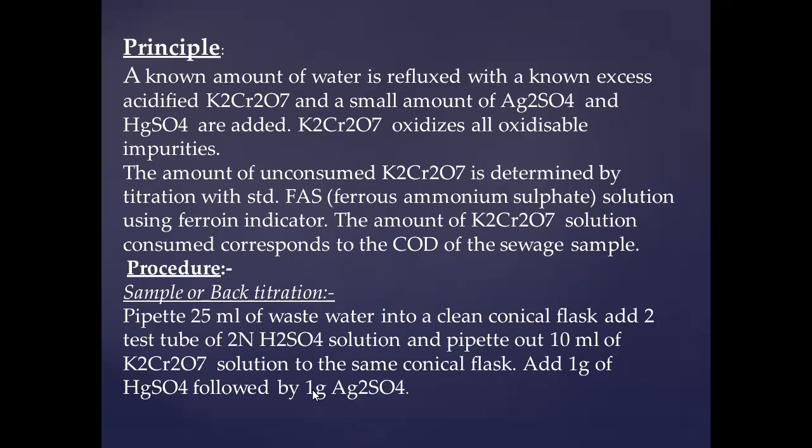In the sample titration, we take 25 ml of wastewater into a clean conical flask. To that, we add 2 test tubes of 2N H2SO4 solution, and then pipette out 10 ml of K2Cr2O7 solution into the same conical flask, and then add 1 gram of HgSO4 and 1 gram of Ag2SO4.